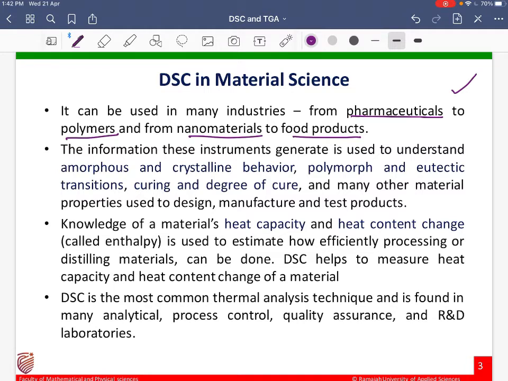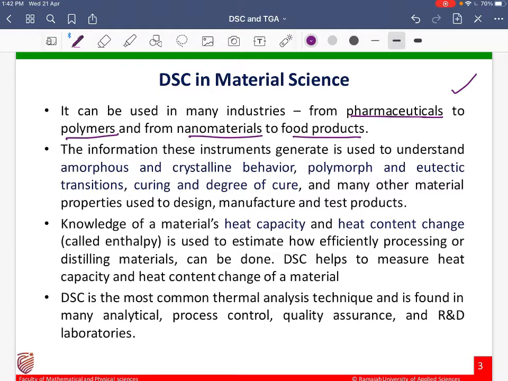Knowledge of a material's heat capacity and heat content change, which we call enthalpy, is used to estimate how efficiently processing or distilling materials can be done. DSC helps to measure the heat capacity and heat content change of a material.